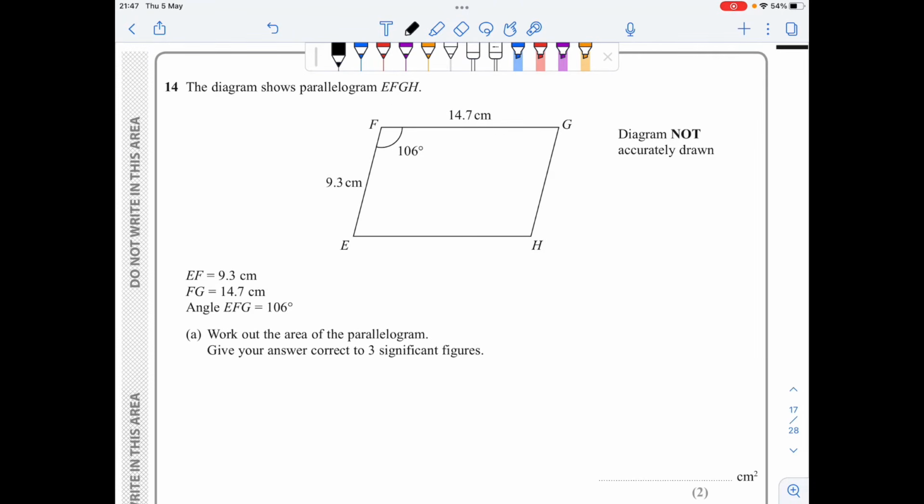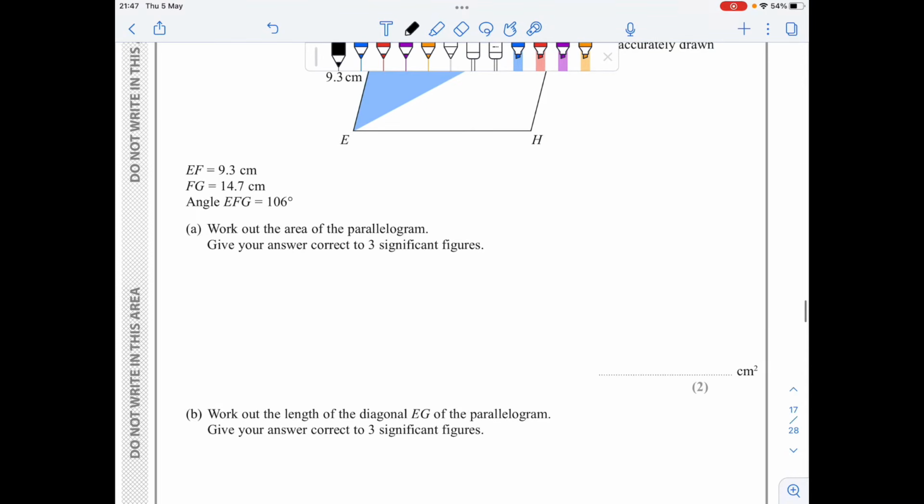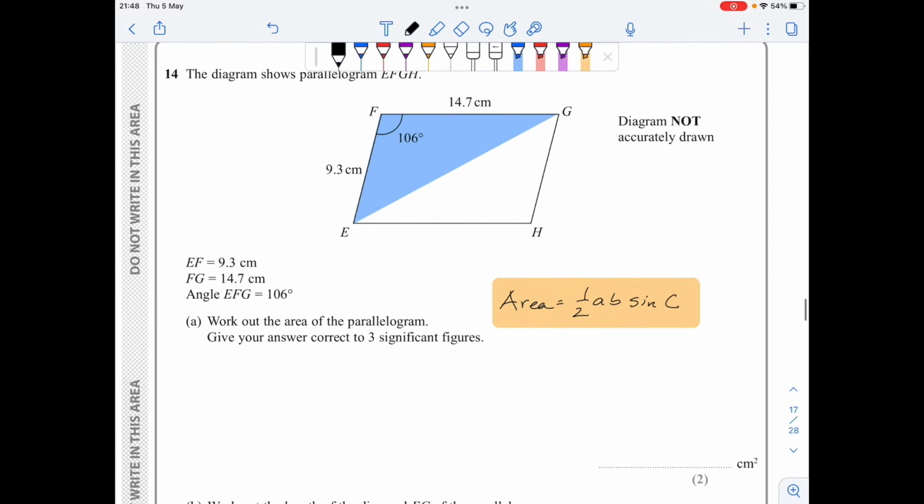In question 14, part A, to find the area of the parallelogram, I will consider the triangle FEG. That's half of the parallelogram. Once I find this one, I will multiply by 2 and find the area. The formula I will use is the following. Since I'm going to use angle 106, the two sides I'm going to use are the two adjacent ones.